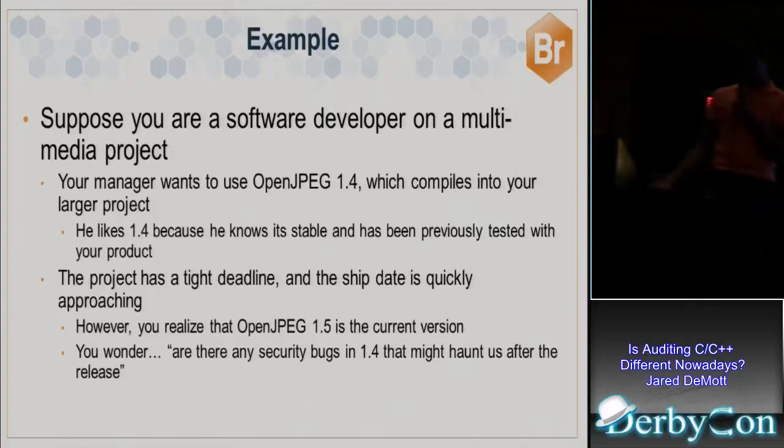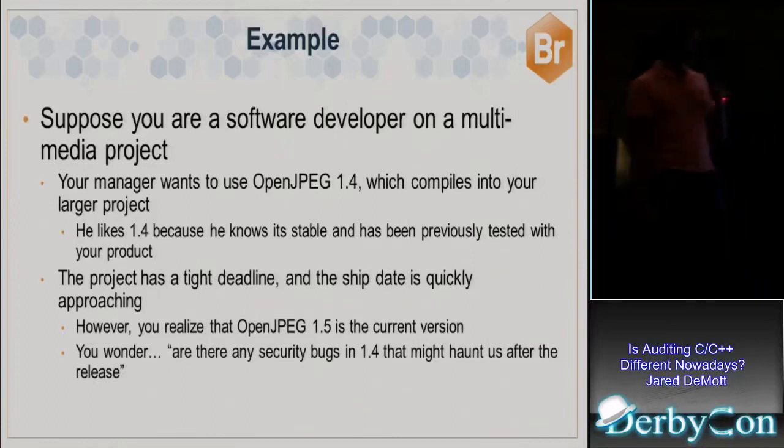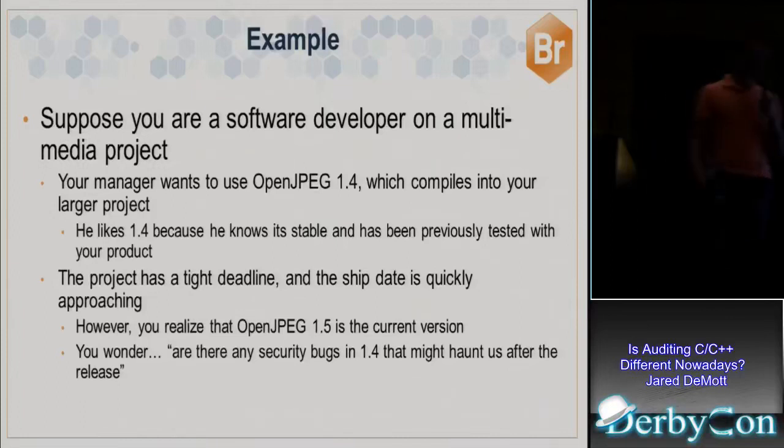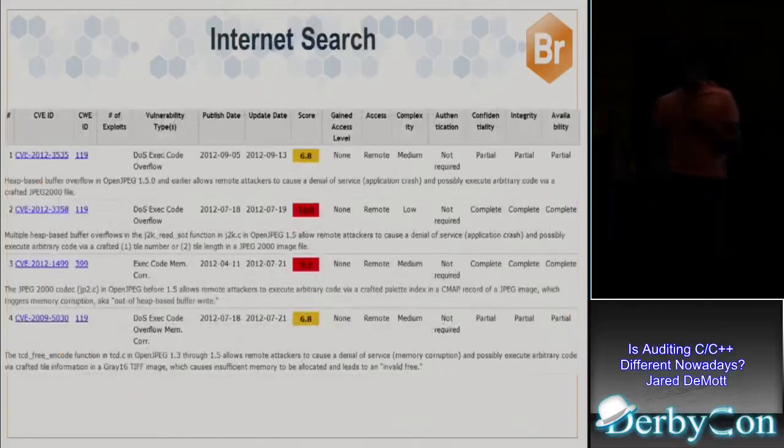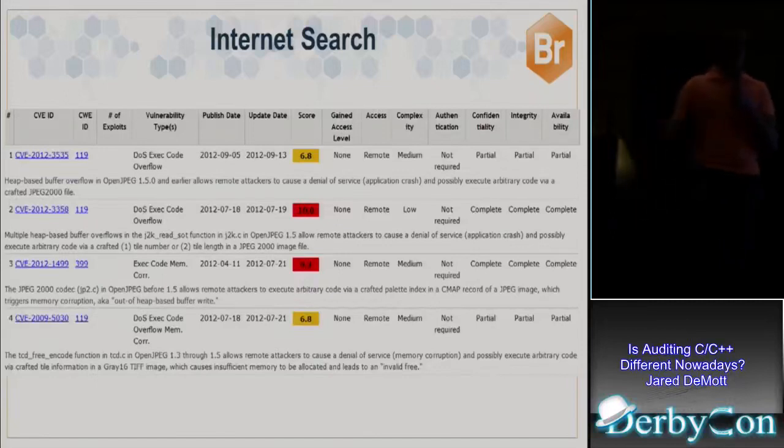So you think, well, as a diligent developer or security engineer, I'm just going to do a difference between the 1.5 code base and the 1.4, and look for some issues that may have come up. You could difference the whole thing and then try to individually look at every difference, but there might be a lot. So you might also just do a CVE internet search and ask, are there any critical problems with 1.4 that have been fixed in 1.5?